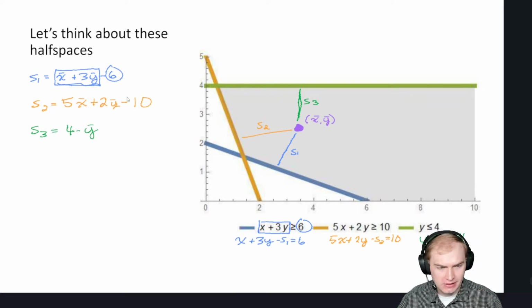So this one is slightly different just because the inequality is the other direction. Remember that slack variables are always non-negative. So by our constraint, 4 should be greater than y. So 4 minus y is positive. Y minus 4 would be negative.